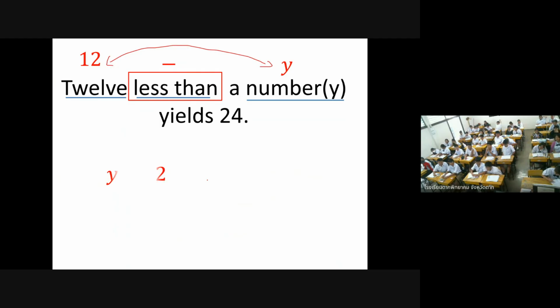So we're going to have here Y minus 12 yields 24. So again, 12 less than a number Y yields 24. That is Y minus 12 is equal to 24.